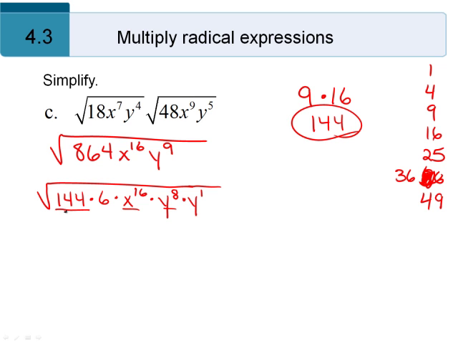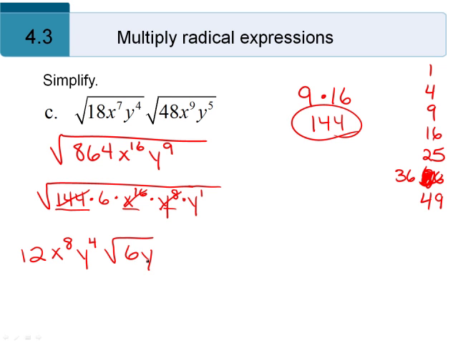The square root of 144 is 12. That comes out front. The 144 is gone. Divide x to the 16th by 2. We get x to the 8th out front. Y to the 8th divided by 2 is y to the 4th out front. And that's going to leave 6y on the inside.